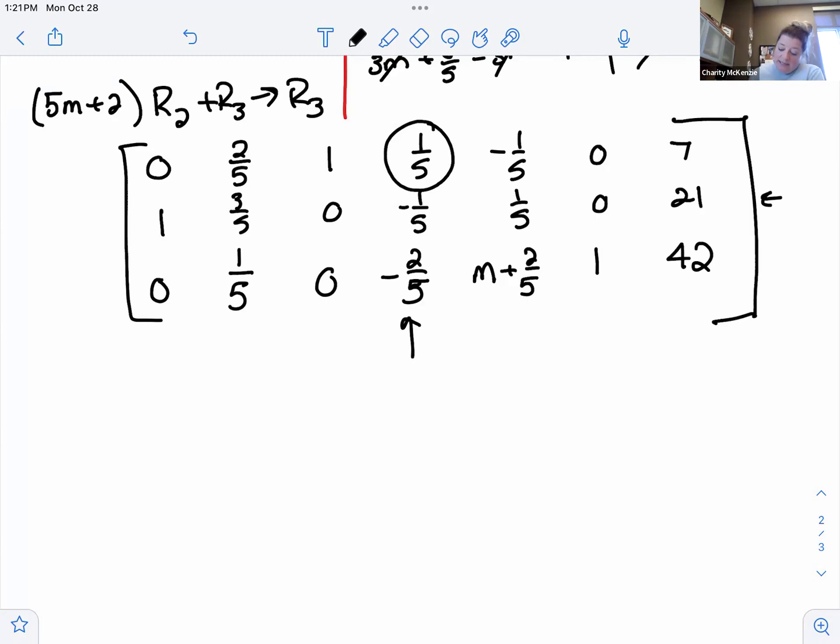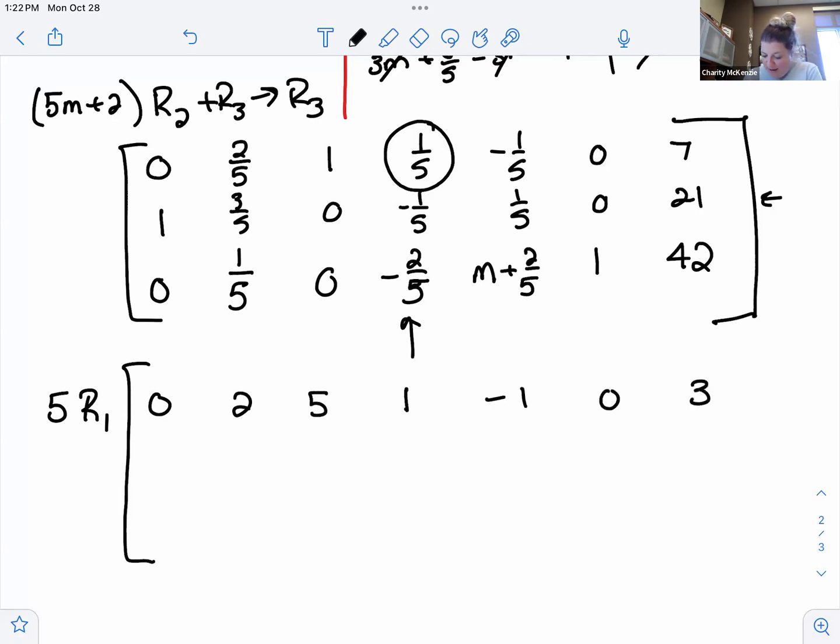Okay, so that one we need to times by 5. So take row 1 and times it by 5 so that that makes that a 1. Okay, because that's going to become 0, 2, 5, 1, negative 1, 0, 35. Okay, everything else stays the same.